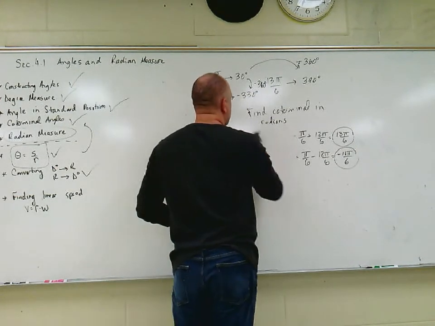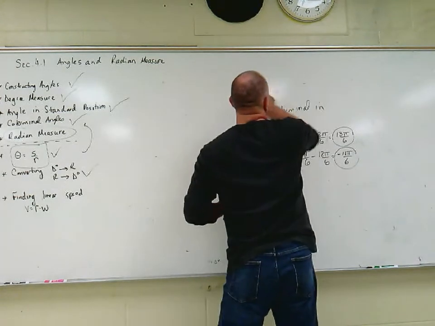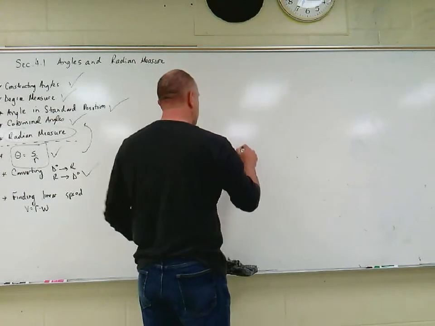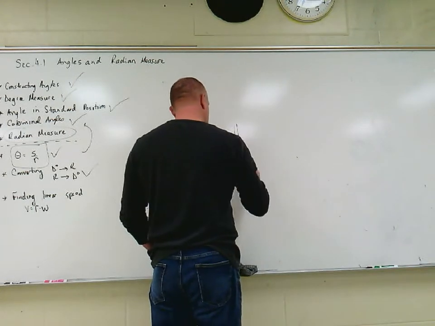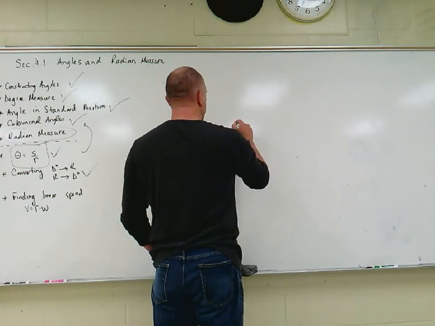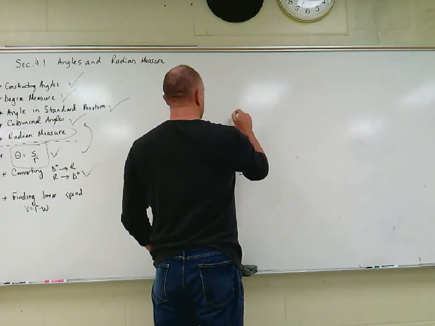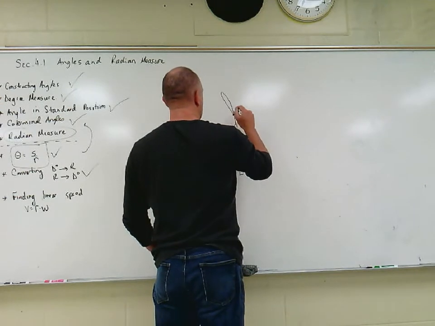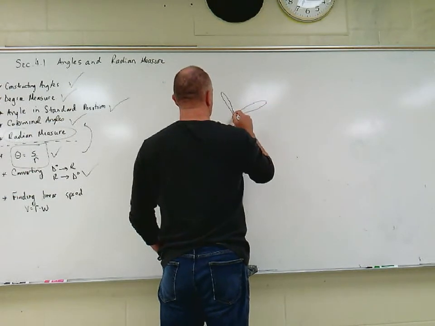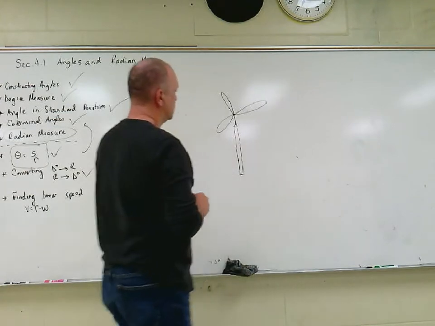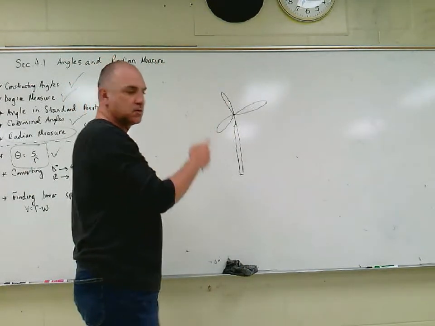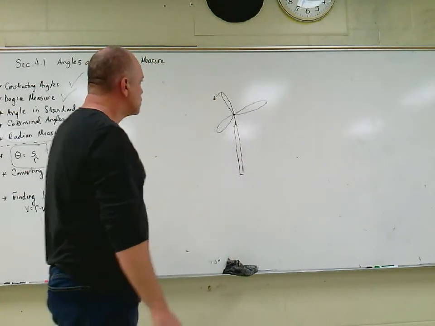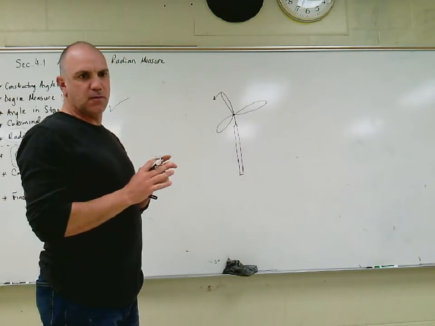let's say that you've got a fan moving. I've seen these if I've driven up north. I'll do my best here to construct this. All right, it's supposed to be like a windmill. So this windmill is rotating in this direction. You've got two types of speeds that we're going to look at.